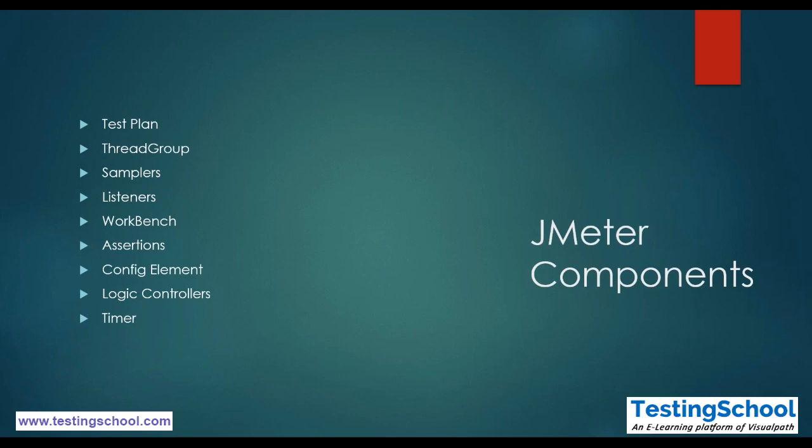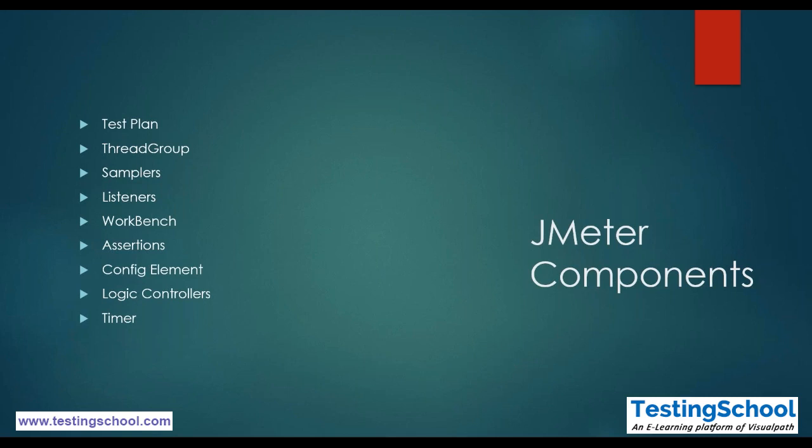Then listeners, which will show you the report, and we have workbench. Actually, workbench is obsolete right now. It is not part of post JMeter 4 versions. After that, we'll see assertions, then config elements. Then we have logic controllers, and last but not the least are timers.